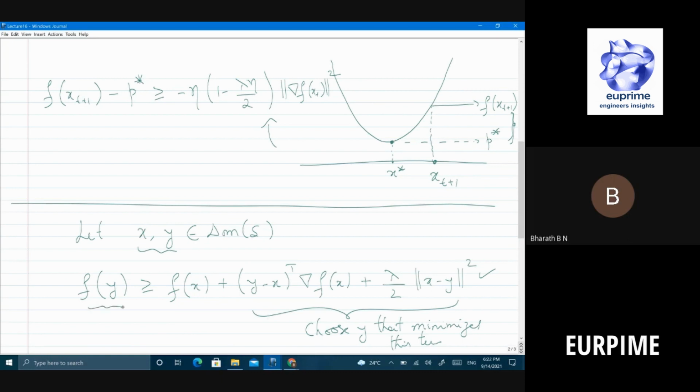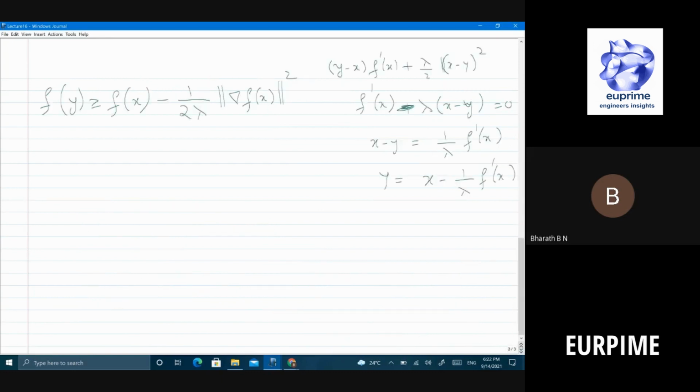For this fixed y, I'm going to make the right hand side as close as possible to f of y. How am I going to do that? I'm going to minimize the right hand side. By minimizing the right hand side, I got this. So this is true for any y. Do you agree with this?